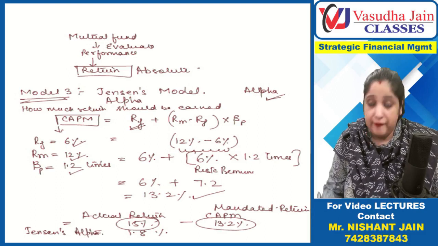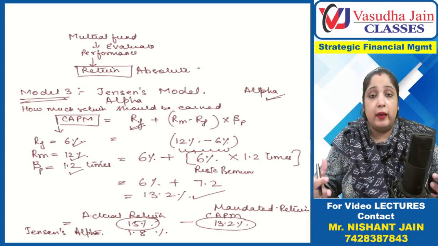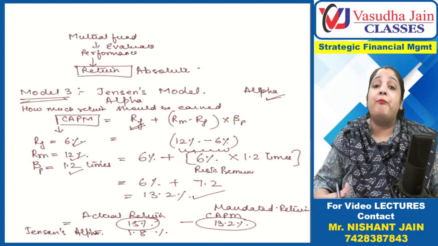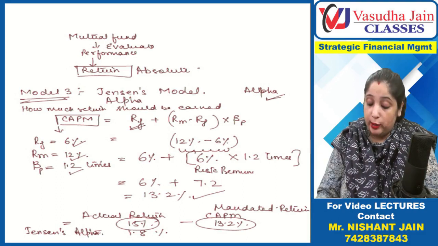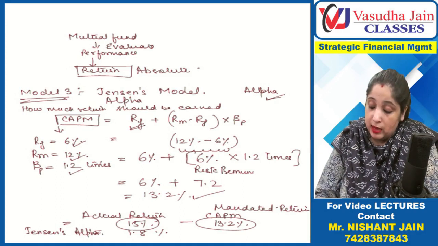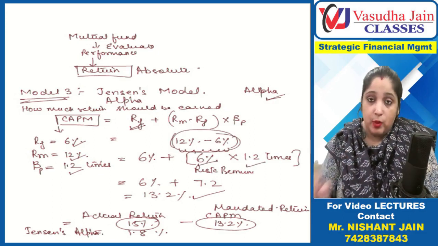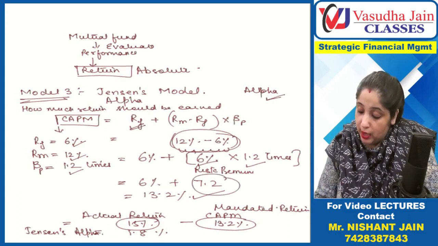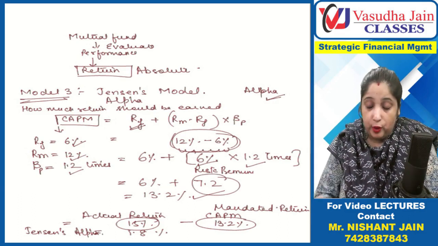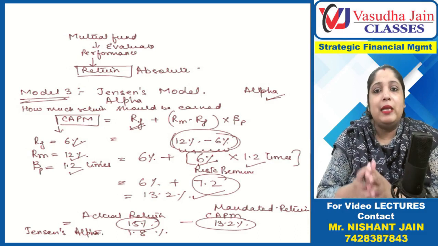And if Jensen's alpha is positive and higher, that means you have performed better than the stock market, because according to the stock market's performance, this is the excess return the stock market is offering for 1 beta. Your company has 1.2 beta. So you should get this much excess return on your portfolio. Portfolio means investment.